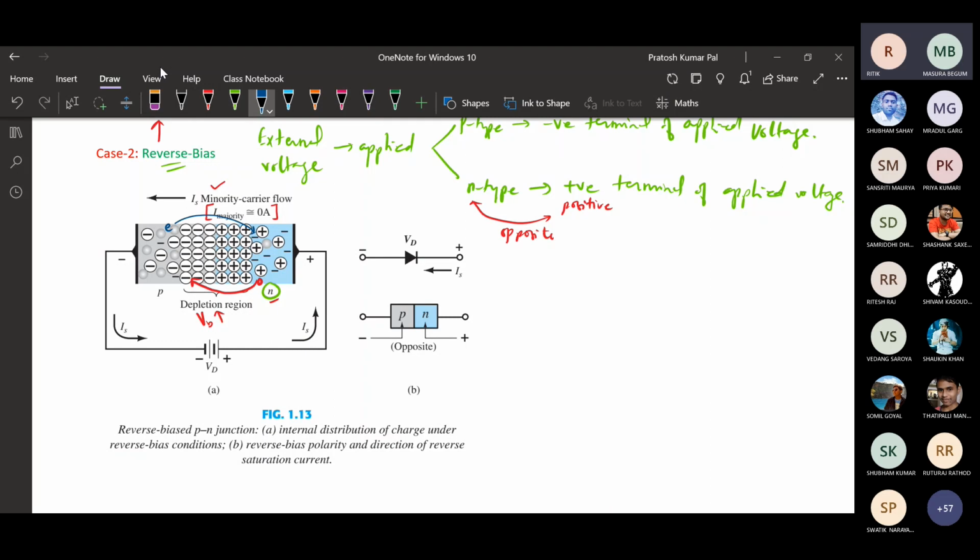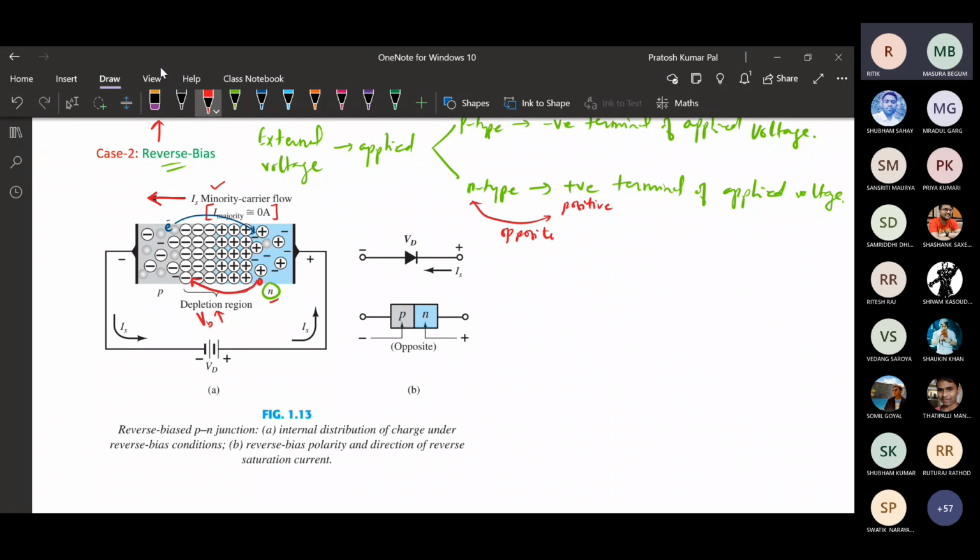So electrons are moving from p to n side, and holes are moving from n to p side. Holes are positive charge, so positive charge is moving from n to p side. So the current direction will be from n to p side. This is the direction of the minority charge carriers.